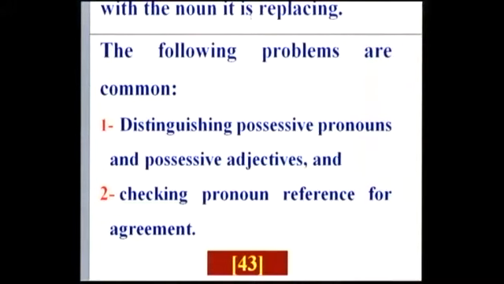Pronoun reference يعني what the pronoun refers to. الضمير ده بيرجع لإيه. We should check that for agreement because a pronoun should agree with the noun it refers to. لازم الضمير يتفق مع الاسم الذي يشير إليه.